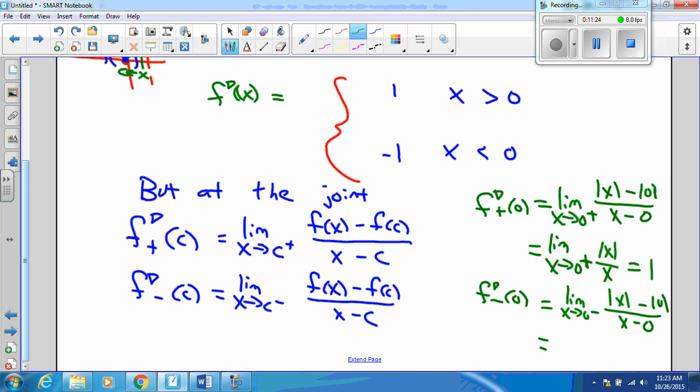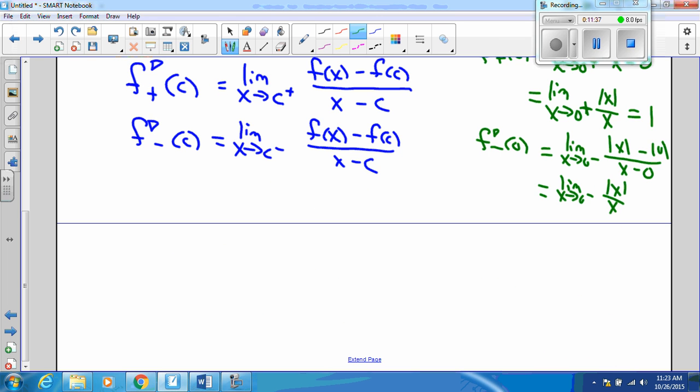Notice that it is the same quantity that I'm setting up here. It's f of x in both cases. But the difference is that I'm approaching from the left. And so now when I simplify it, then I get this limit. And because I'm approaching from the left, the absolute value of x is going to be equal to the opposite of x. That's that other piece, right?